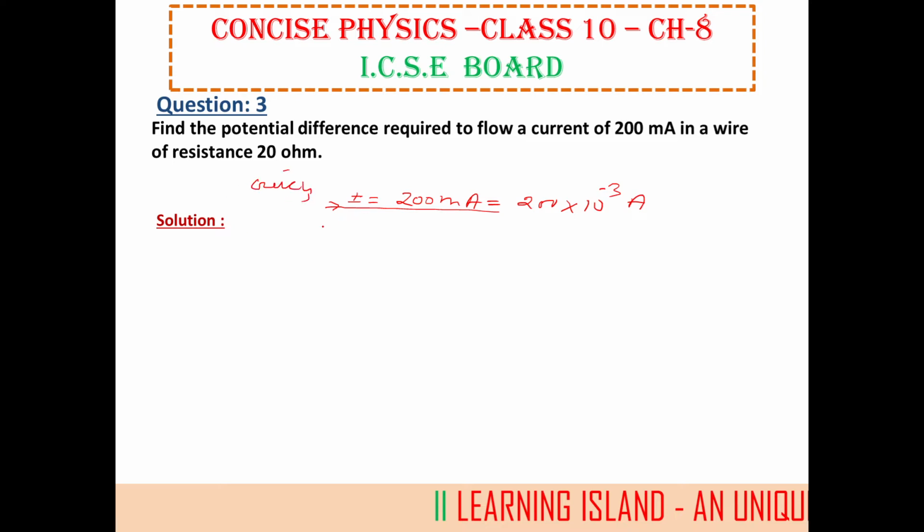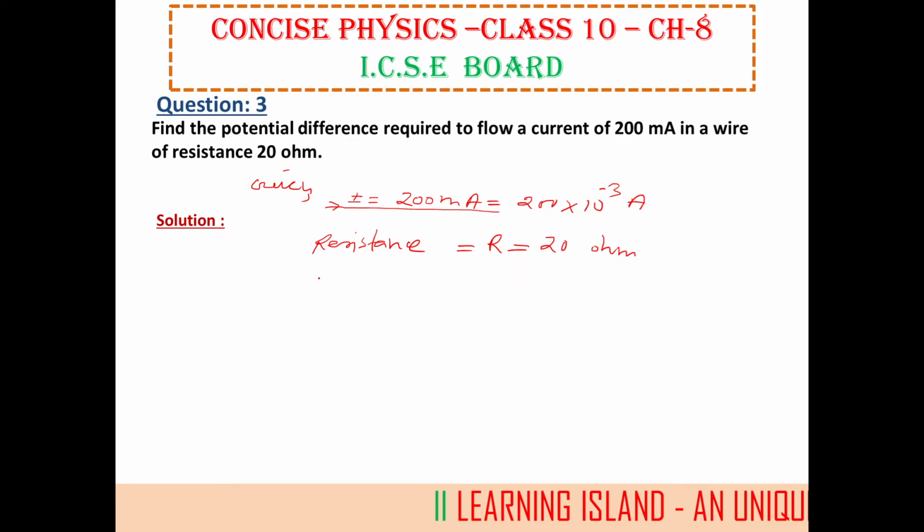So I always suggest you to write the given data first, then the solution is very easy. So this is I is given, and the resistance of the conductor, which I denoted by R, is equal to 20 ohm.